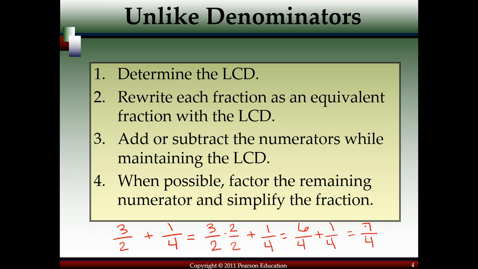So 6 plus 1, 7/4. So it's going to be a lot like adding and subtracting fractions, but we have values of x's in our fractions, our rational expressions. Okay, let's look at the example then.